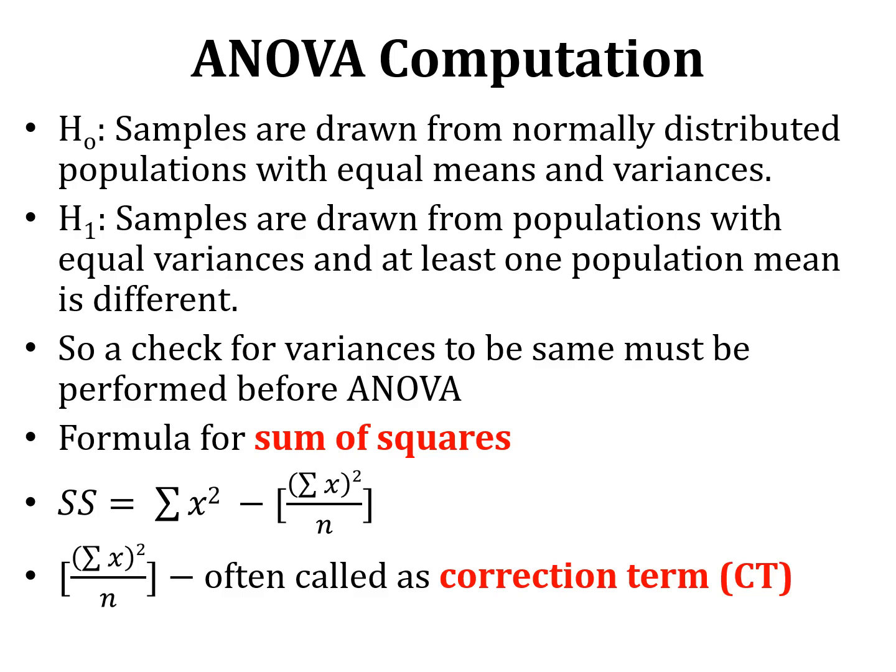What is this correction term? You take the sum of the individual observations, square that sum, so summation x whole square, divided by the number of observations. You can see that these two factors are different: summation x square and summation x whole square are different values. This is the formula for sum of squares that you need to remember for the ANOVA computation.